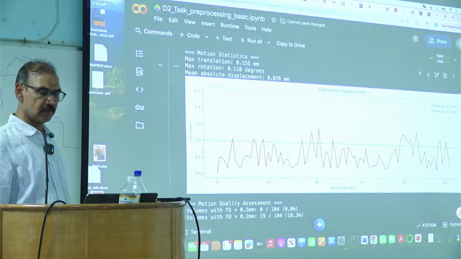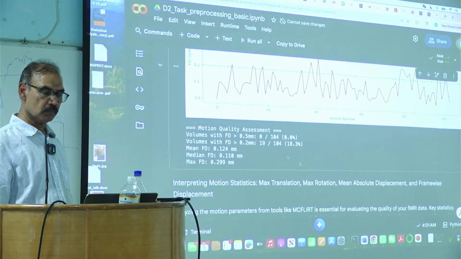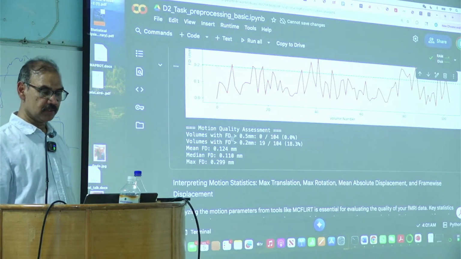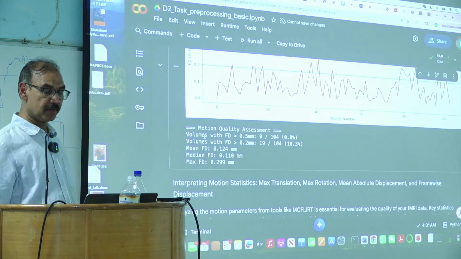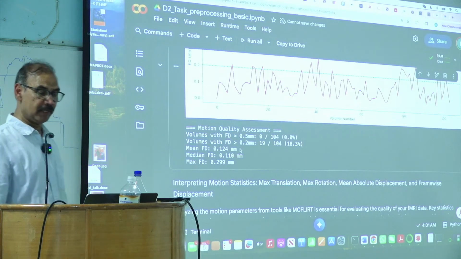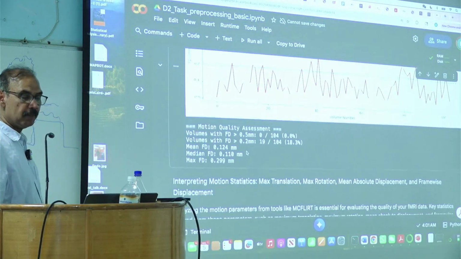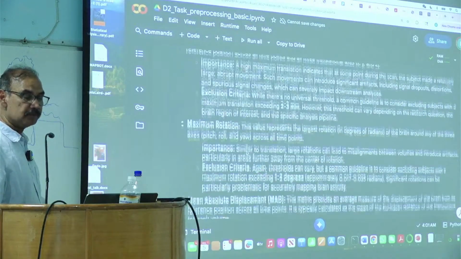So this is the frame-wise displacement, right, of 0.2. And this one tells you how many voxels or how many time points have greater than 0.5, how many have greater than 0.2, and so on. So the motion parameter on this subject is very good.